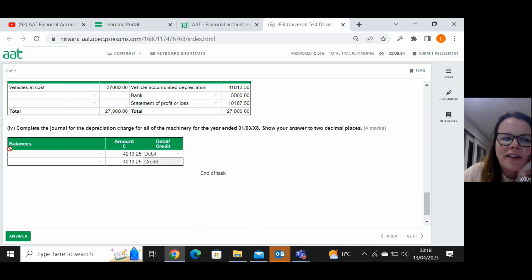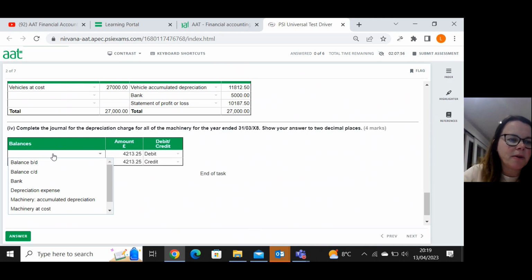Now, I don't really like the fact that it says balances here. I'd much prefer it said accounts, right? Because balances implies, you know, like it's a closing balance of some description, but all it means is what account are we going to debit and what account are we going to credit.